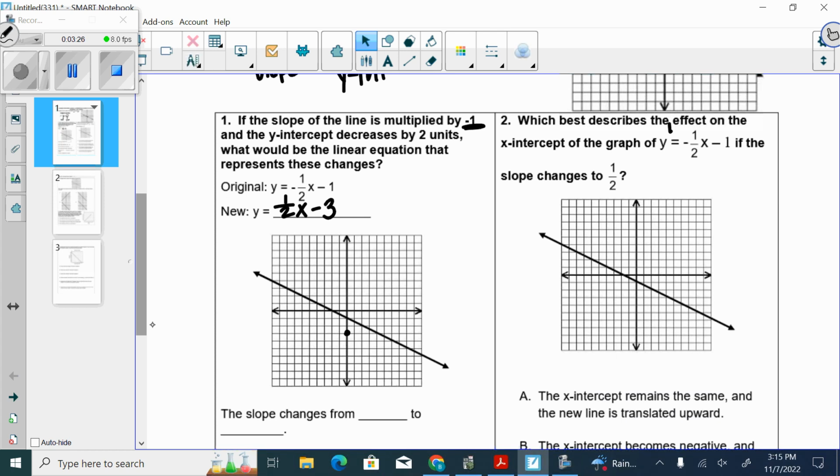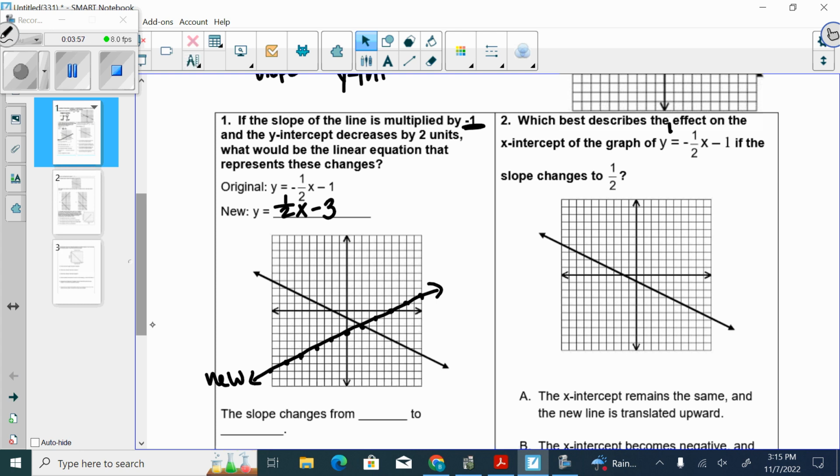And then that 1/2 tells me to get from one point to the next, I'm going to go up 1 and over 2. Very good. And this time it's in the positive direction, so it's going to slant the opposite way. Okay, so they drew the original, we just drew the new line.